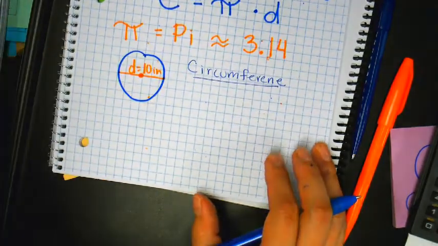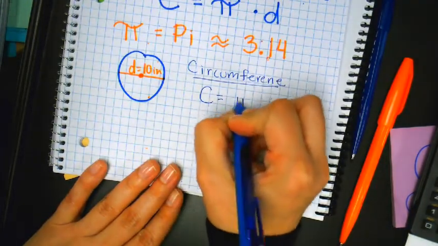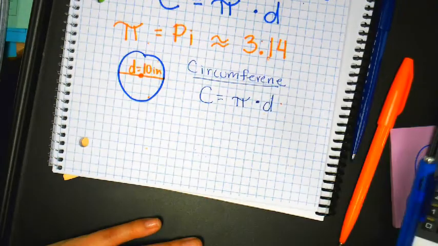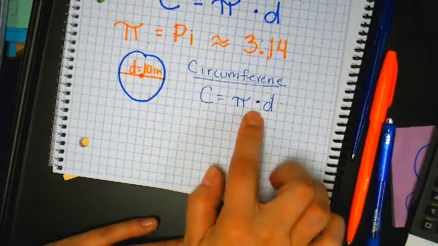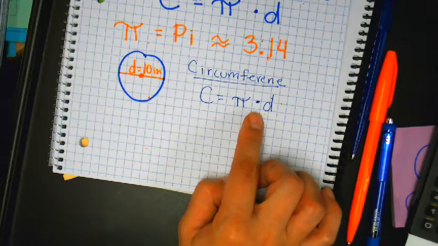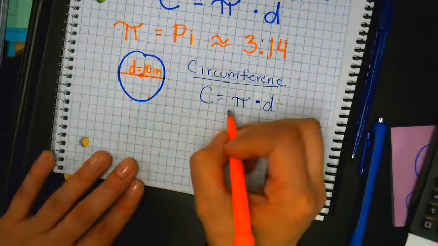Circumference is equal to pi times your diameter. Let's write the formula again. The more we write it, hopefully the more we understand it. Okay, what does pi stand for? 3.14.